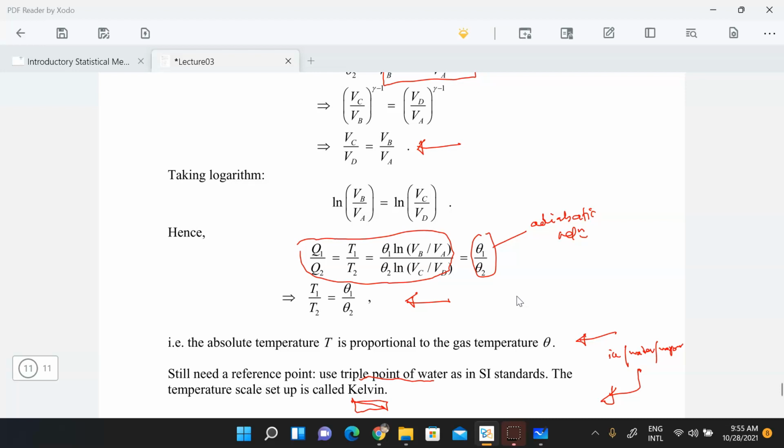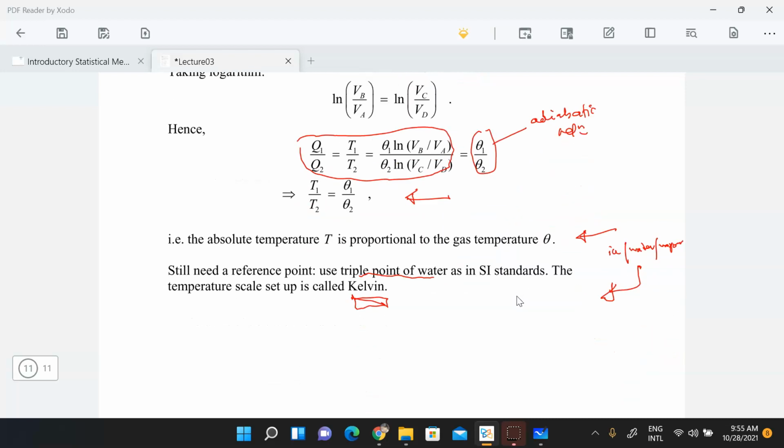Okay, so the Kelvin scale now describes our absolute temperature. It's not universal, it's the absolute temperature, sorry.